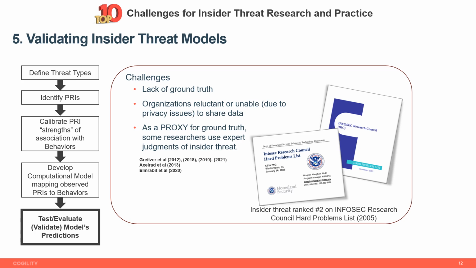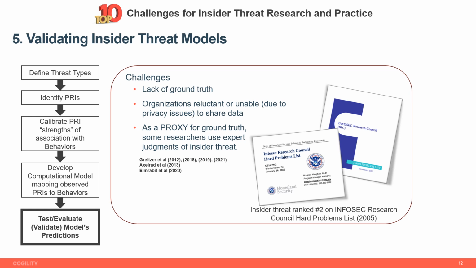For these and other reasons, the Information Security Research Council ranked insider threat as number 2 on their InfoSec hard problems list, and the problems that were identified at that time persist to this day. One way to deal with the lack of ground truth is to compare model predictions with expert ratings or judgments of risk for real or synthetic test cases.